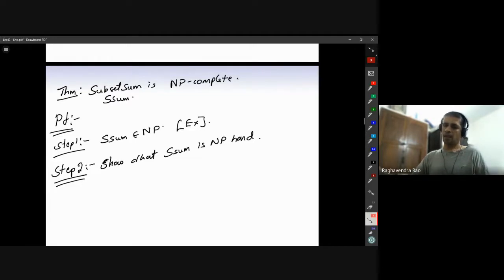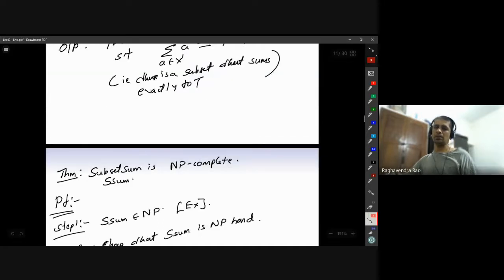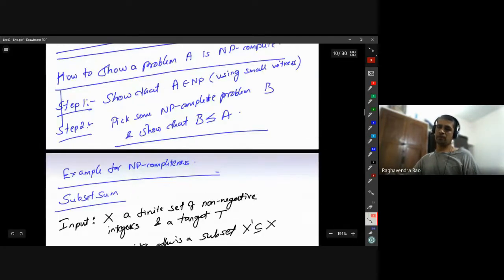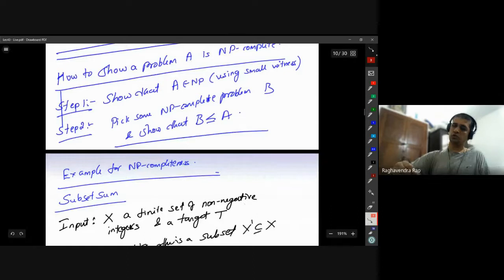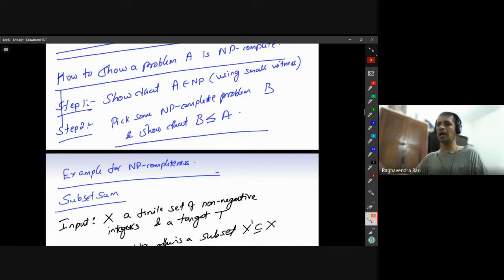The second part involves two sub steps. First is to choose a suitable B, which is non-trivial, and then show that B reduces to A. This usually happens by trial and error. What you see in the books are basically outcomes of several iterations of trial and error.